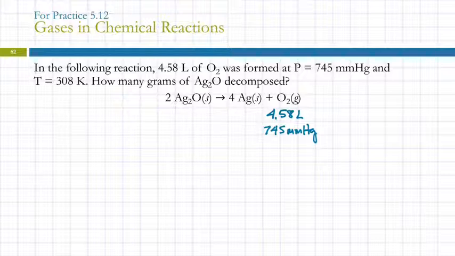Is that a good unit for gas law problems? Let's just convert that to atmospheres. 1 atmosphere divided by 760 millimeters of mercury. 745 divided by 760 is 0.980.